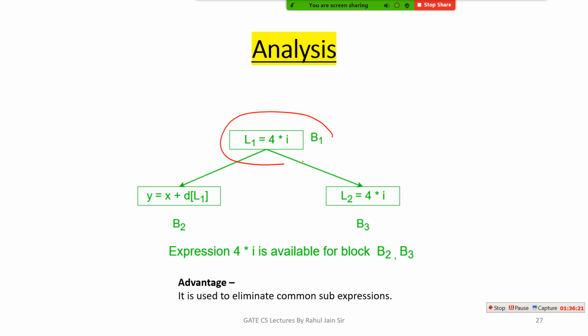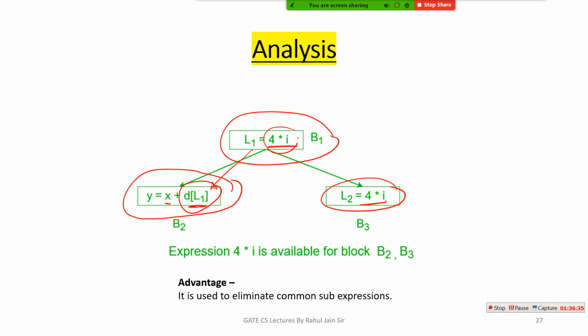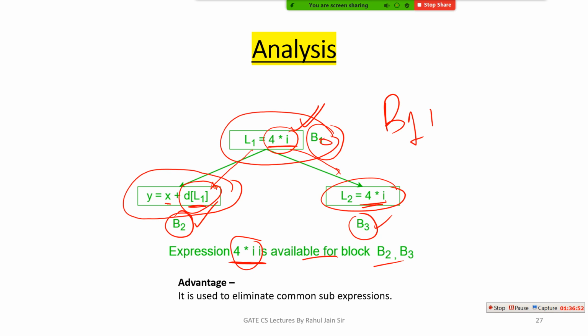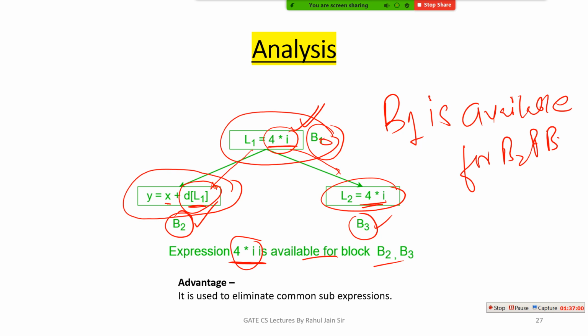Suppose at block B1 we have L1 equals 4 into I. At block B2, y equals x plus d into L1, meaning we are fetching the value of L1 here. And in B3 we are directly taking the value of 4 into I. So the expression 4 into I is available for blocks B2 and B3. So basically we will say B1 is available for B2 and B3.